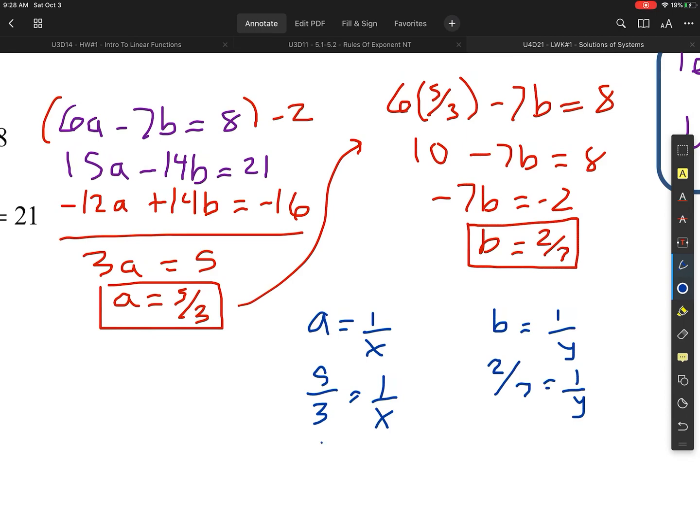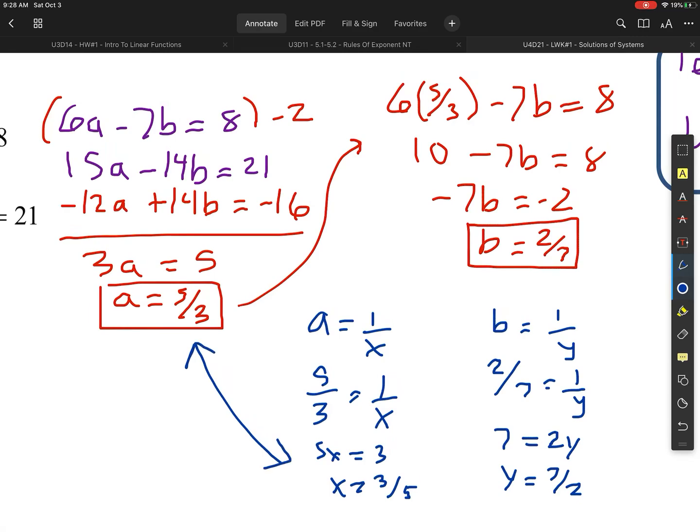And we solve. 5x equals 3, x equals 3 over 5. 7 equals 2y, y equals 7 over 2. And there's our answer. That is our actual answer. Now, what's the relationship between a and x? 5/3, 3/5.